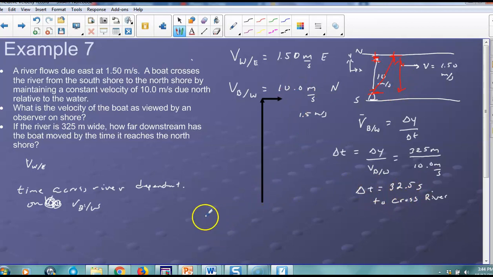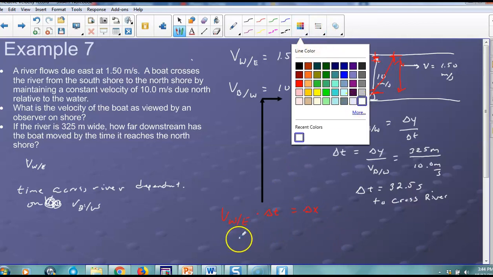We then can take our x dimension velocity, which is the velocity of water to earth, times delta t equals the delta x downstream.